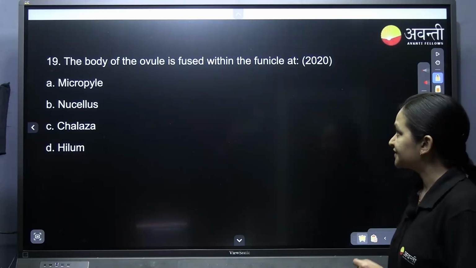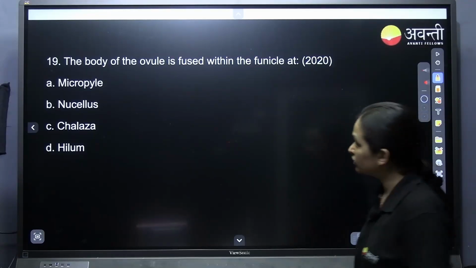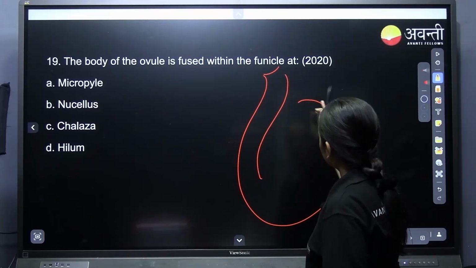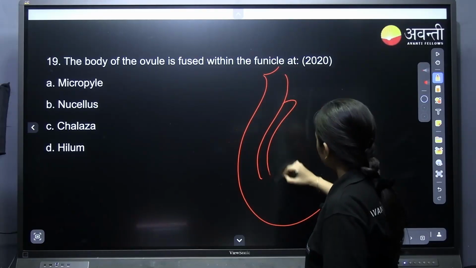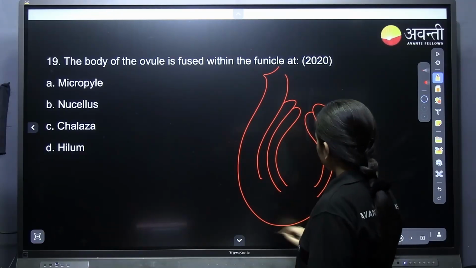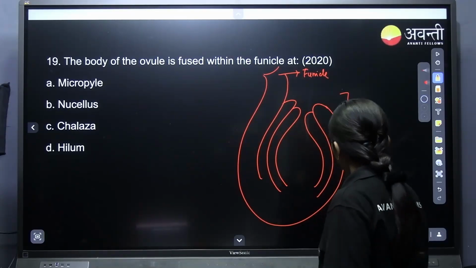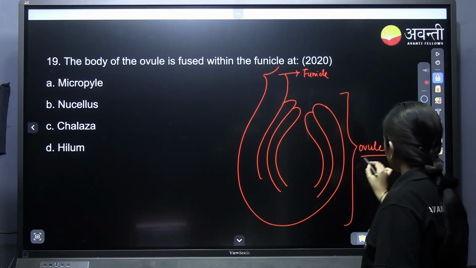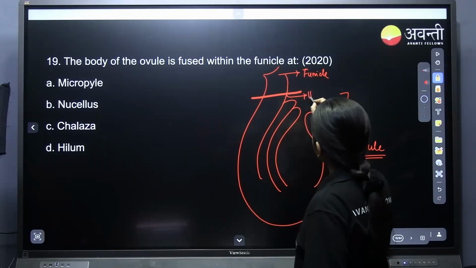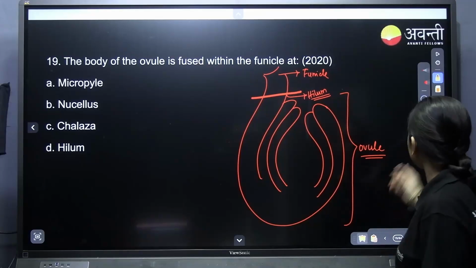The body of the ovule is fused with the funicle at, if this is the whole ovule, an anatropous ovule, and this is the funicle, this junction where they are fused, we call it the hilum, isn't it?